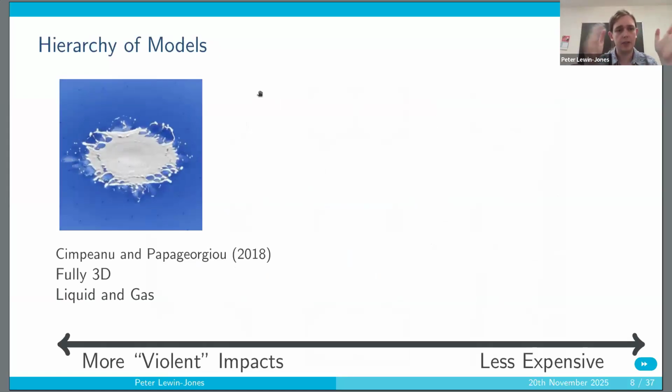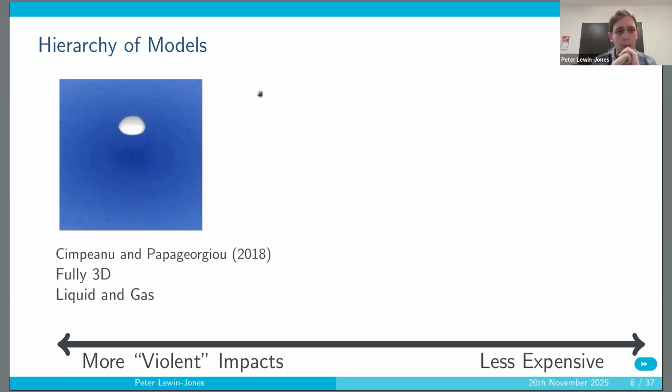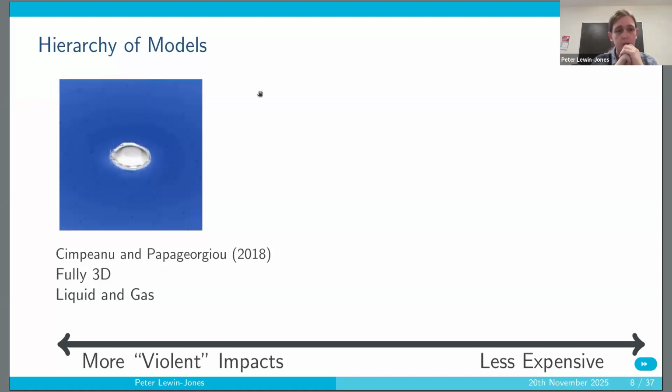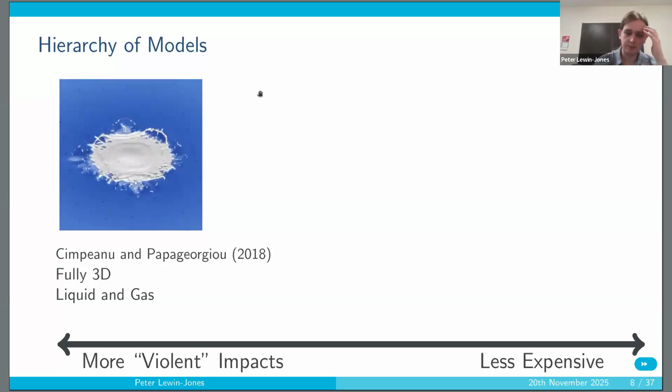And in 3D, as this example shows, these are incredibly expensive simulations to run, thousands and thousands of CPU hours to resolve even a small part of this. But these are able to resolve these very violent splashing dynamics.